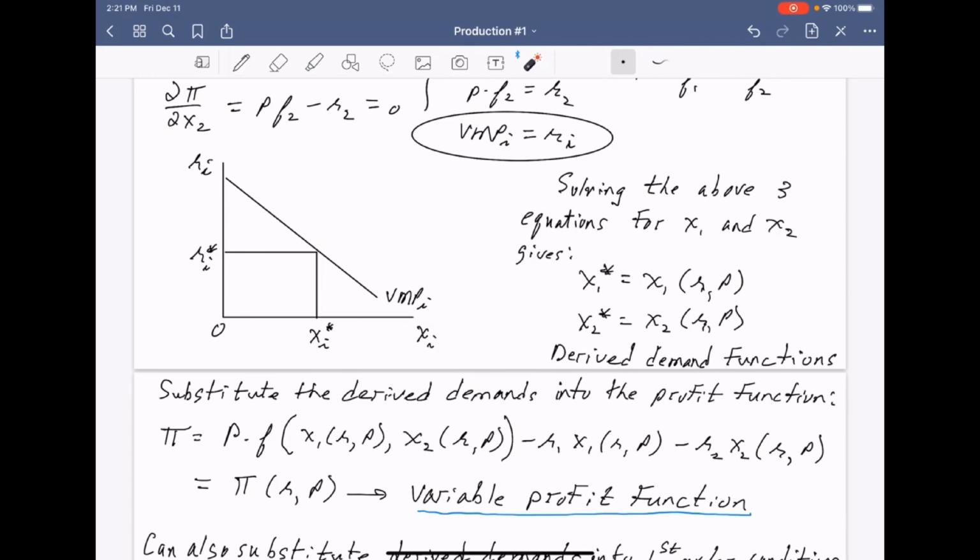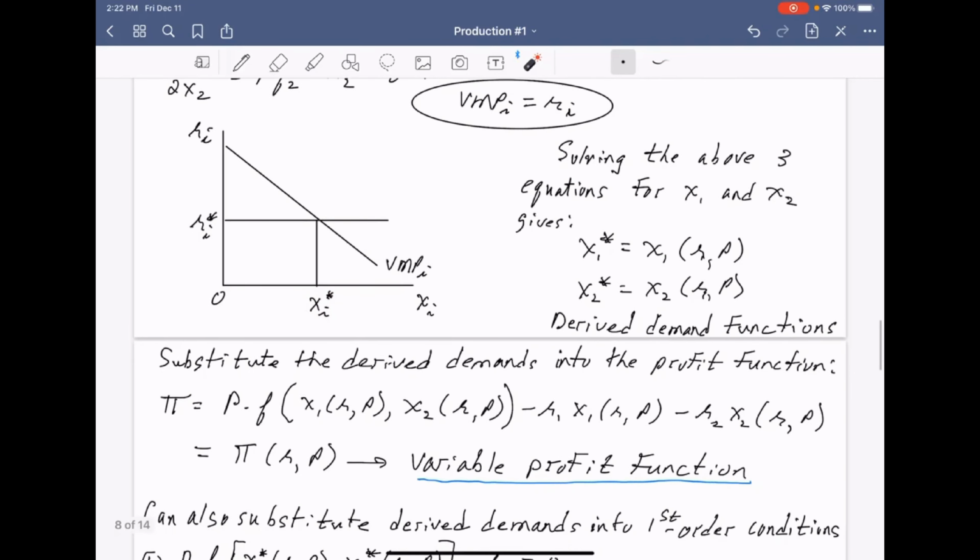We find that the optimum occurs where that input price, which is fixed at Ri star, so let me draw that line straight across at that point. This is where our solution lies, where we get the optimum amount of input to use.